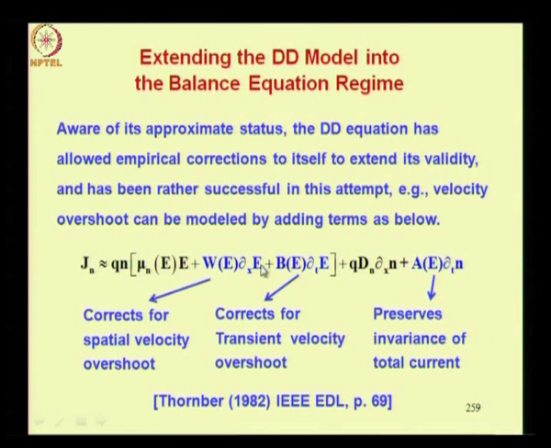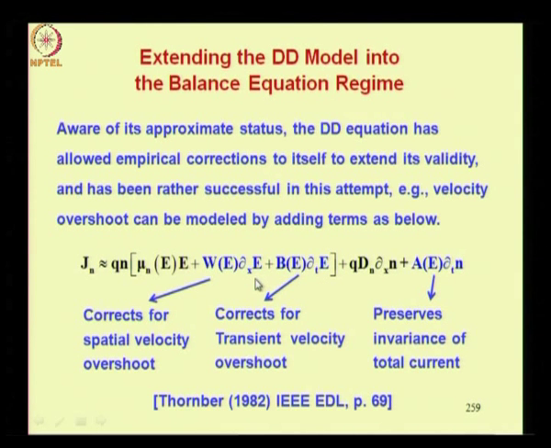Now, there is a term dependent on the spatial gradient of the electric field, there is a term dependent on the time variation of the electric field, and there is a term involving the time variation of the carrier concentration.